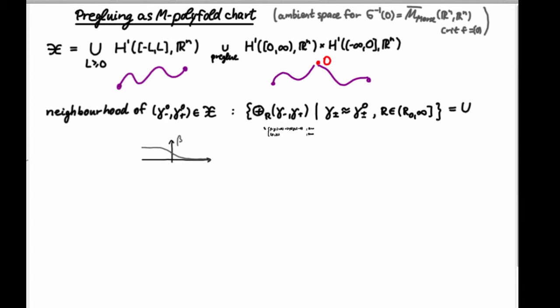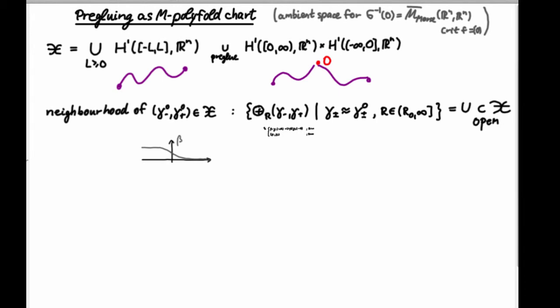So the claim is that this here is an M-polyfold, and I ought to give it an M-polyfold chart near a broken curve. So I need to start with an open set, right? So the open set is something that I get from pregluing. So this is my open set here in X. That's open by definition of the topology.